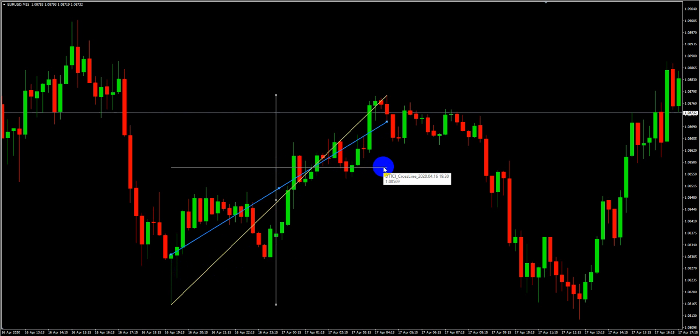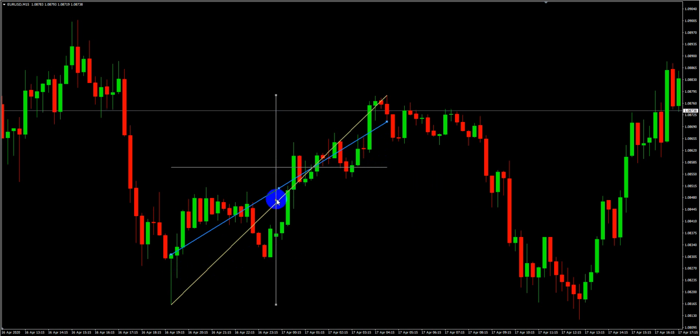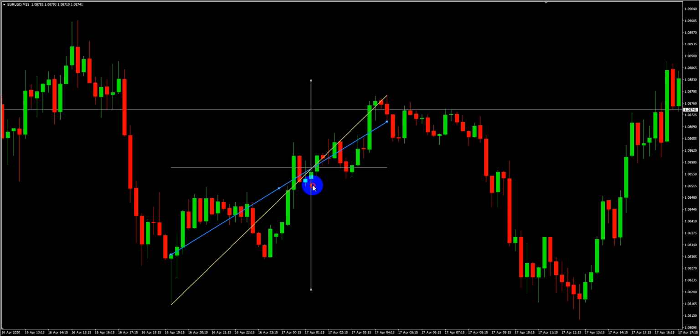This is the cross price, but we have to now drag the vertical cross line over to either this candle or this candle, because again we see that the actual crossing was somewhere in the middle, in between, which is impossible to put a line there, right? So let's do it this way, right?